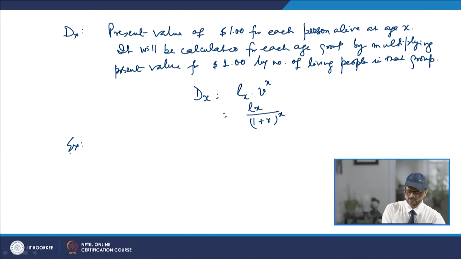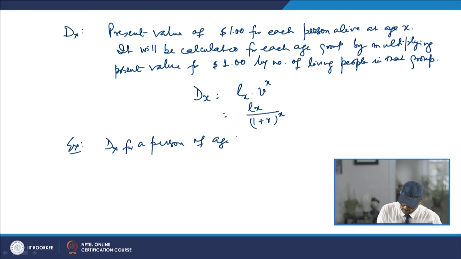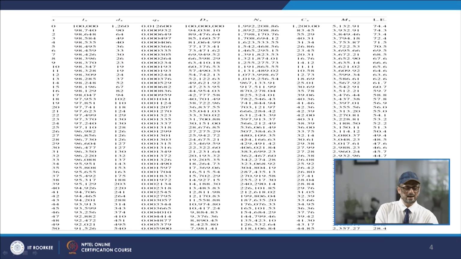For example, if you are going to calculate Dx for a person at age 40, you refer to the table and find Lx, the number of persons alive at age 40, which is given as 94,926.